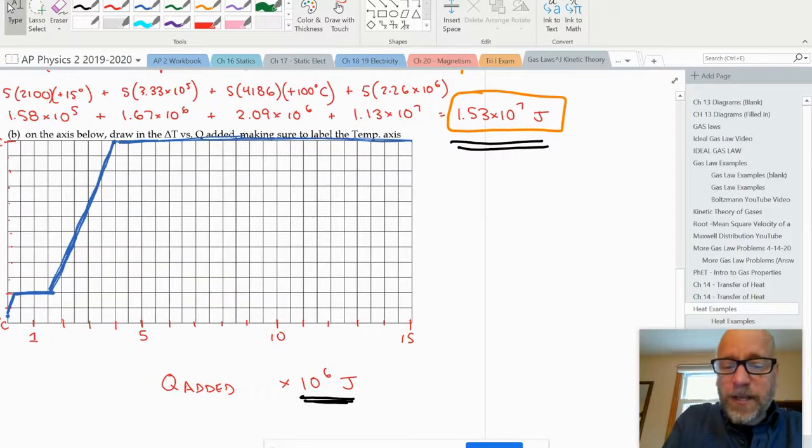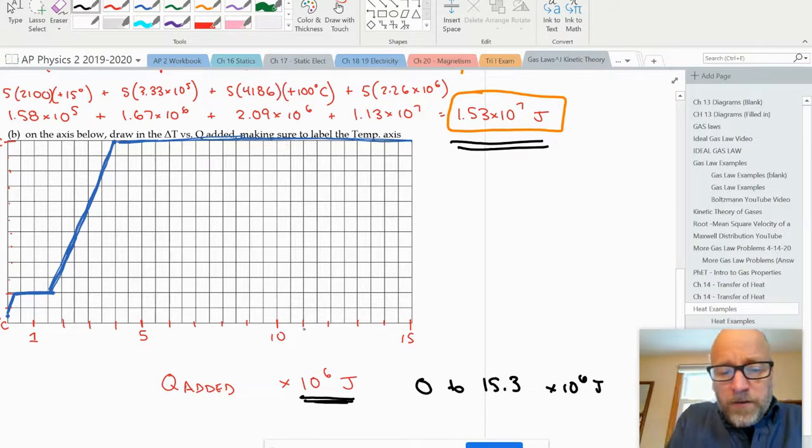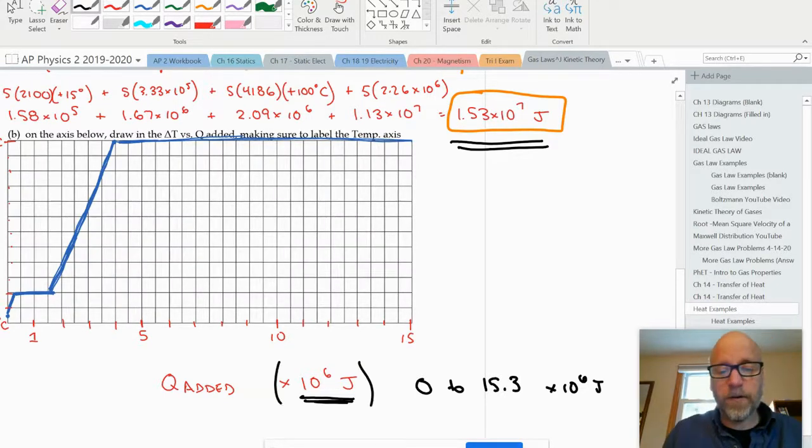That means in the end, my axis is going to go from 0 to 15.3, times 10 to the 6 joules. But I don't write the times 10 to the 6 there. I just leave that in my units right here.